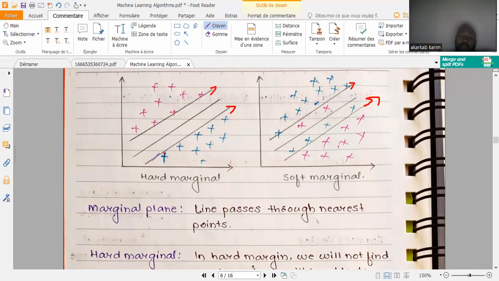At this time we draw this line passing near to this point. So here and here, taking this margin, we have some points, and this is the marginal plane passing through this point. The same thing here: we try to pass this marginal plane through a near point.